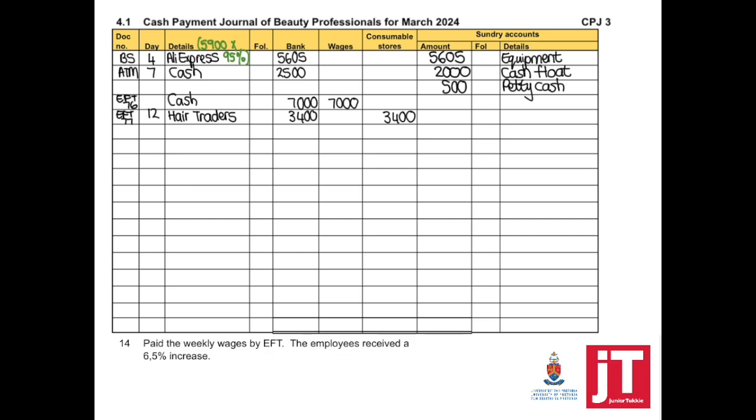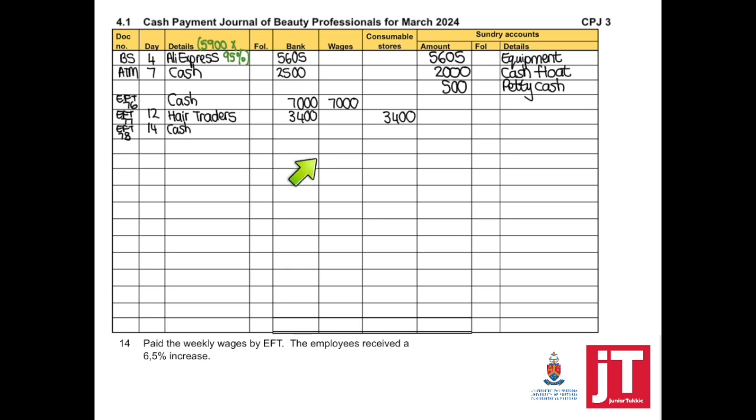Day 14. Paid the weekly wages by EFT. The employees received a 6.5% increase. We start with EFT number 78. On day 14, cash. Now there's a calculation involved.